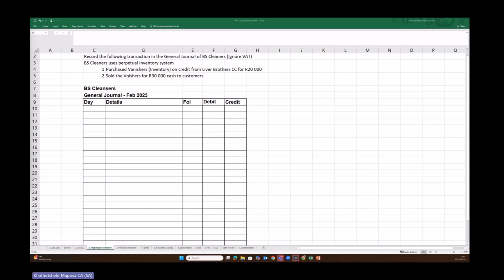Okay. With the first transaction, purchased varnishes inventory on credit from Lever Brothers. That means Lever Brothers is our supplier. We purchased inventory from them. We are now liable to pay. That is liabilities. Inventory is our asset. It increases our asset. We are going to debit inventory, and then we're going to credit trade payables.